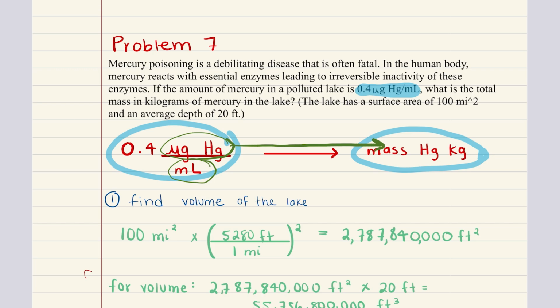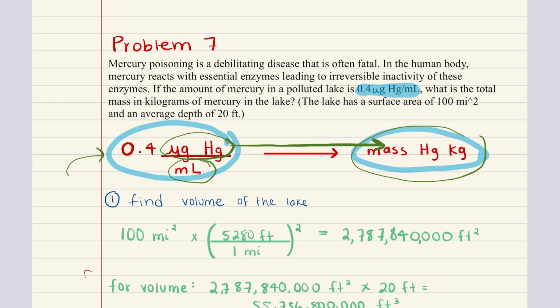And this actually gives us a hint to what we have to do first to ultimately convert this concentration we're given, mass per volume, into just mass of mercury. So the first thing we're going to have to do is multiply this concentration, 0.4 micrograms of mercury per milliliter of water, by the volume of the lake.